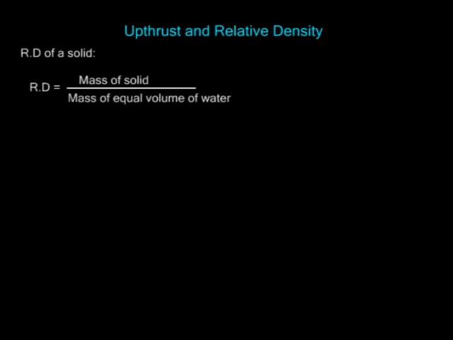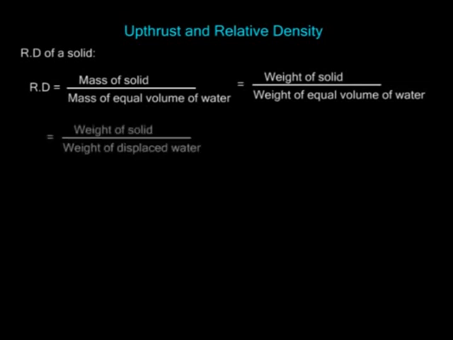Since mass is proportional to weight, relative density can also be expressed as weight of the solid over weight of an equal volume of water. Note that when a solid is immersed in water, it displaces water equal to its own volume, and so relative density is also equal to the weight of the solid over the weight of the displaced water.